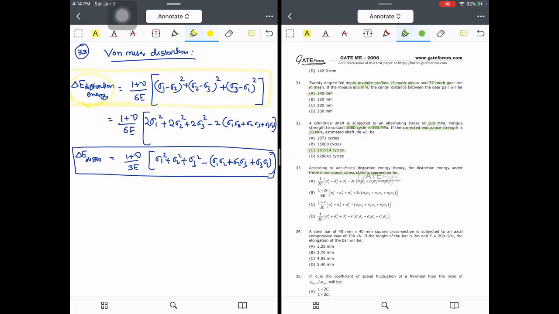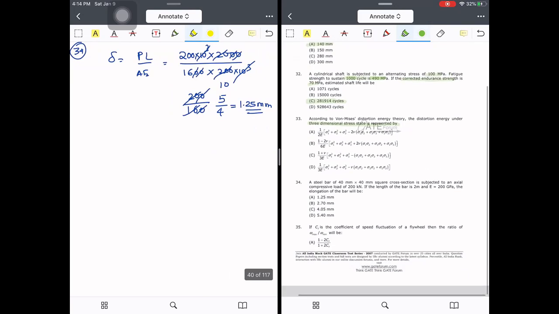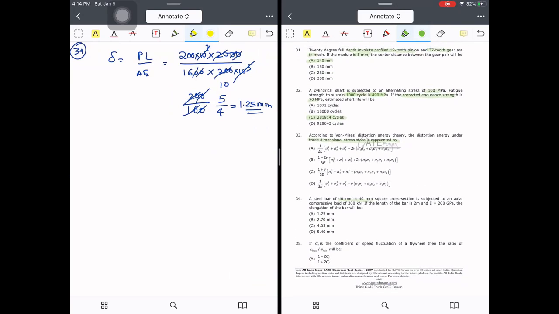When I take 2 common, I am left with (1 plus mu) by 3E. This is the mother formula that you need to remember for distortion energy, because distortion energy is basically used for ductile materials, and they more or less ask questions regarding distortion, the von Mises criterion.